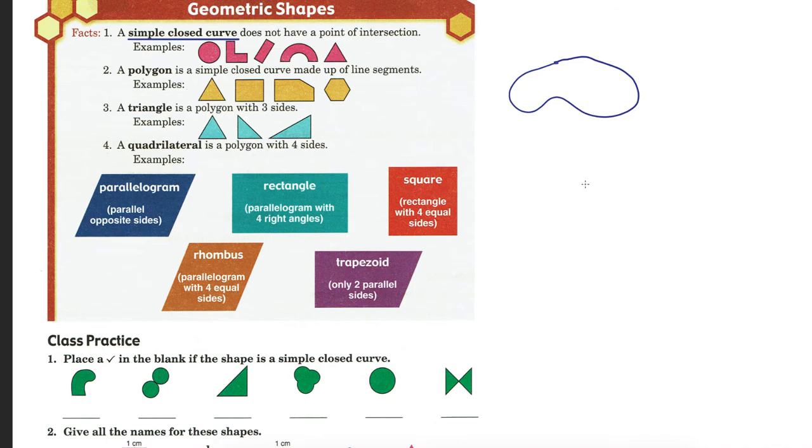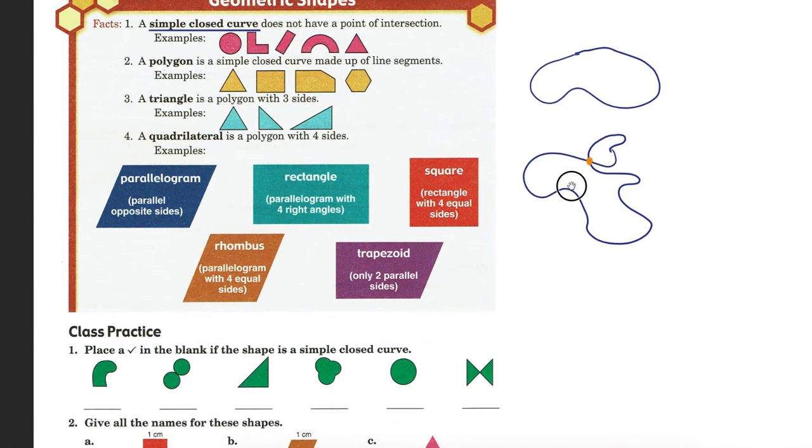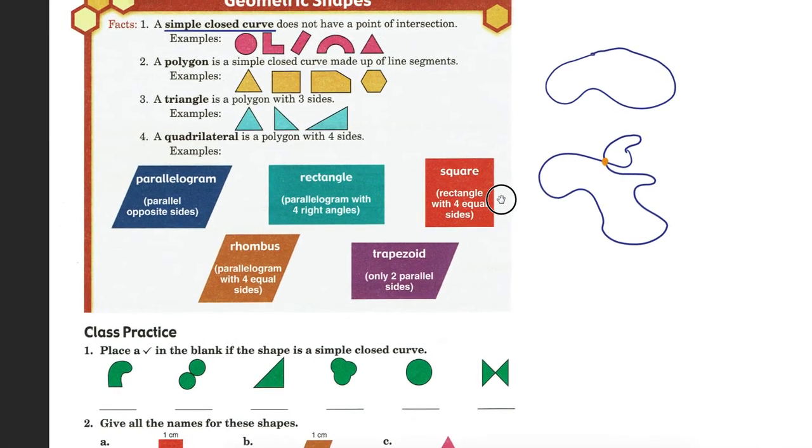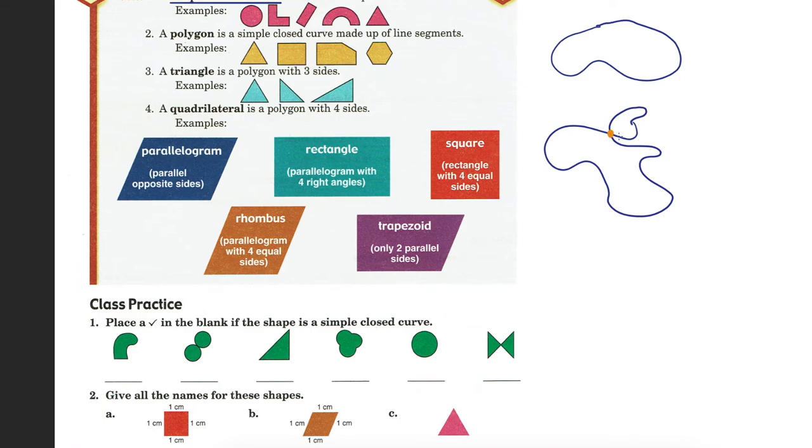So if I had a shape like this, is this a simple closed curve shape? No, because right here I have an intersection. It crosses paths. That's what I'm looking for. And it has to end where it started.